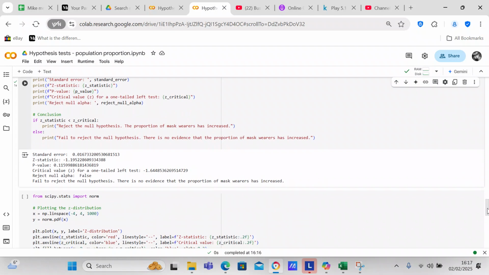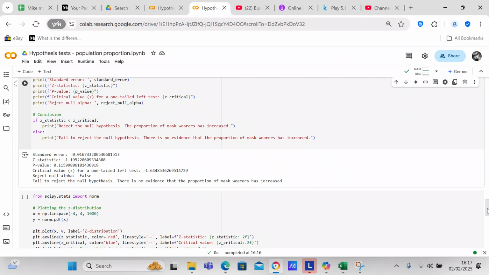So our conclusion is, fail to reject the null hypothesis, there is no evidence that the proportion of mass squares has increased.